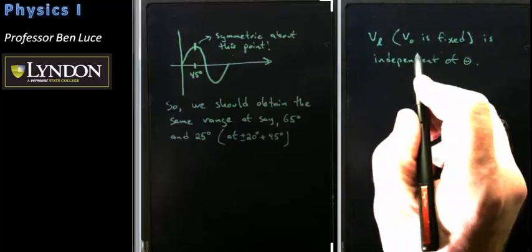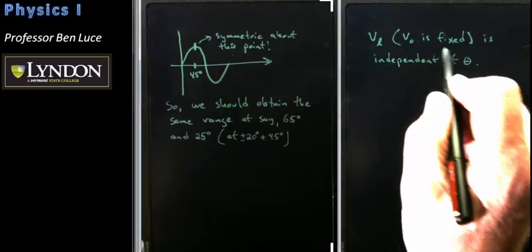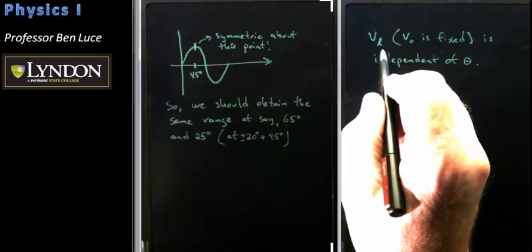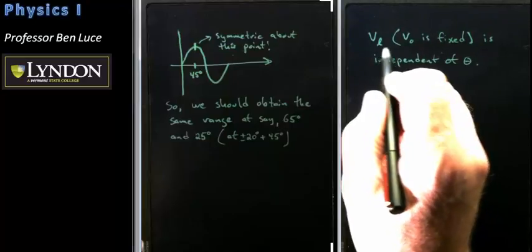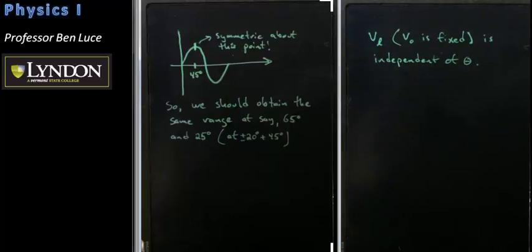Now, this was surprising, because when we change theta for fixed V naught, we can obtain different landing angles and different ranges and different times of flight, and yet it works out that V_L turns out to be independent of theta. Let's take a look at the simulator and see if we can see this in action.